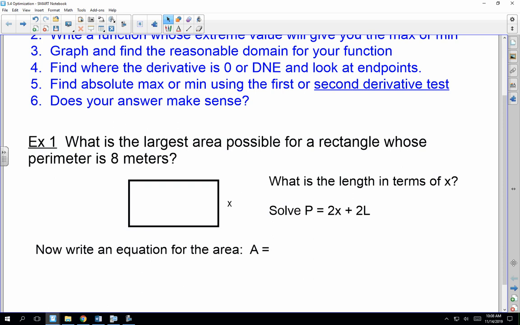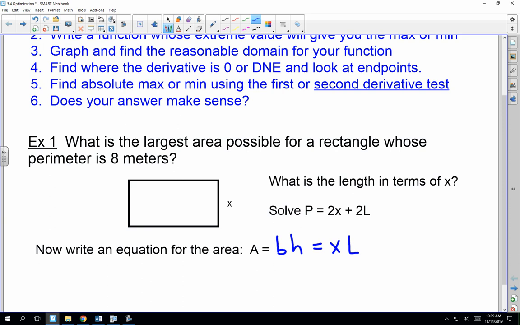And if area is equal to base times height, and I know the height of this is x, I need to get an equation for the length L. Base times height, or in this case it looks like we've got width times length, so we've got x times L, if you will.